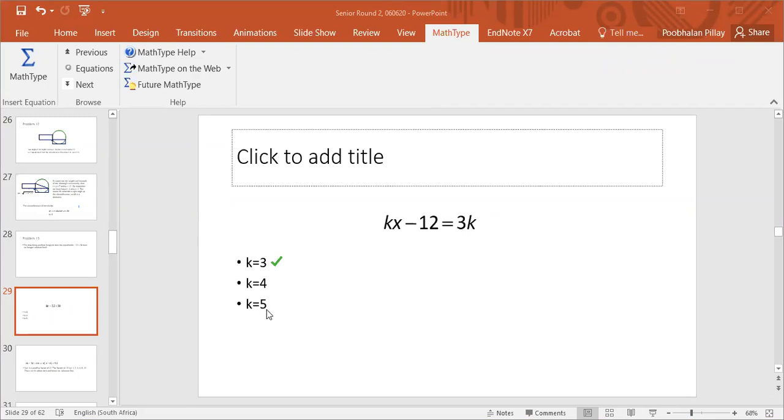Right? Now let's try k equal to 5. If you put k equal to 5, you get 5x minus 12 equals 15. And then 5x equals 15 plus 12, which is going to be 27. So 5x equals 27. X is not an integer, right? It's 27 over 5.